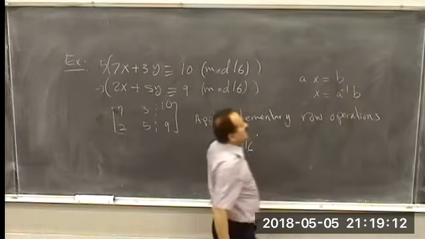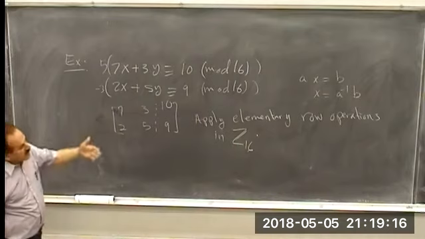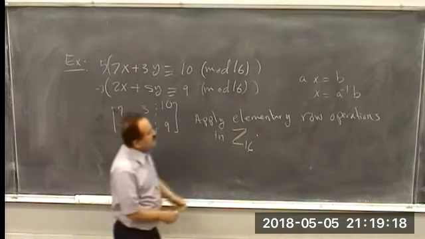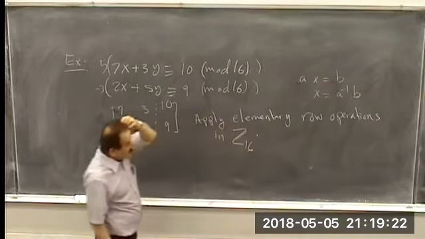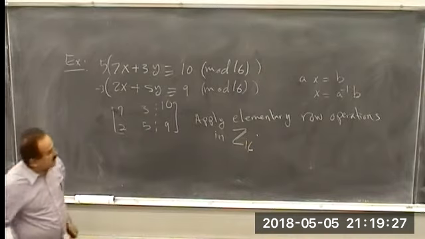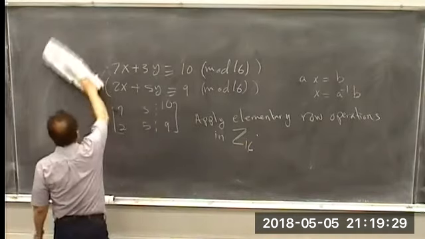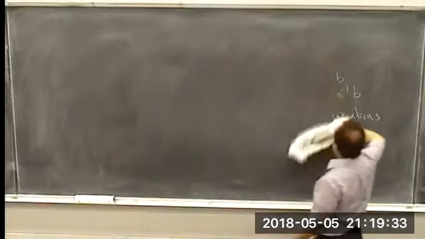We're going to see something very similar to this method, but we need to find what we call the inverse of a mod m, whatever the congruence equation is mod m. All right, so this concludes chapter 4.